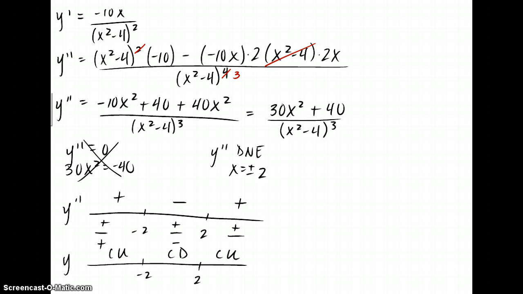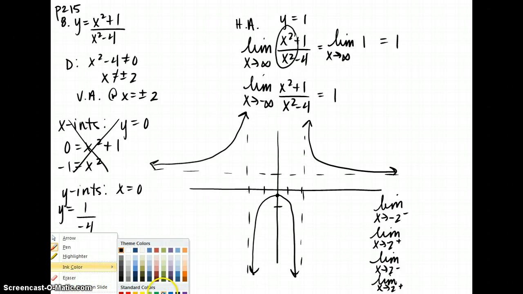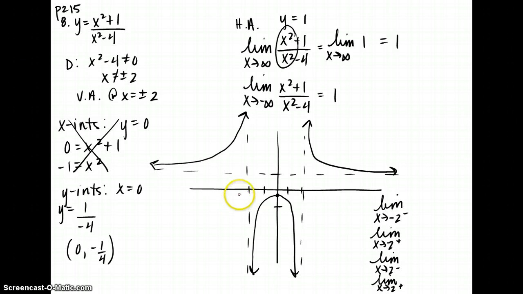Okay, so let's go back to what we already sketched. From y prime, we determined that y was going to increase and then decrease. Pencil going up before -2, pencil going up between -2 and 0. Pencil going down between 0 and 2, pencil continuing to go down after 2.